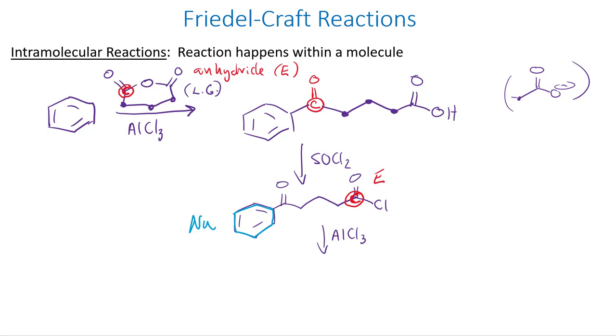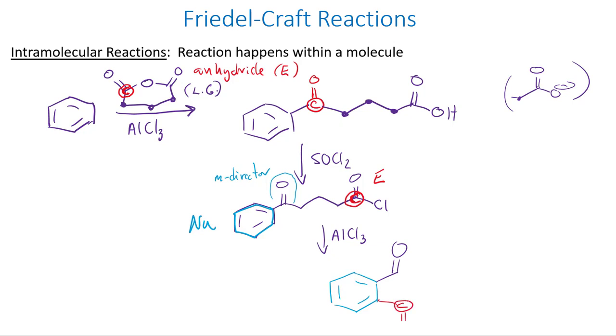We would normally think about this acyl group as being a meta-director, but there may or may not be sufficient room in the compound for it actually to reach around to the meta position. And so it would not be surprising to see this go to the ortho position, which is typical of these intramolecular reactions.